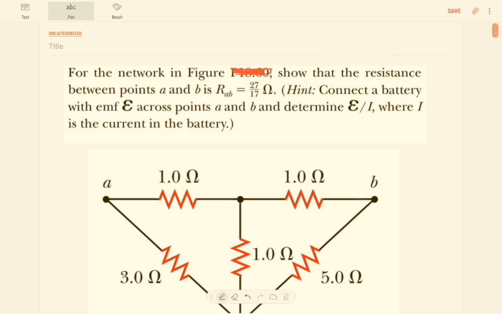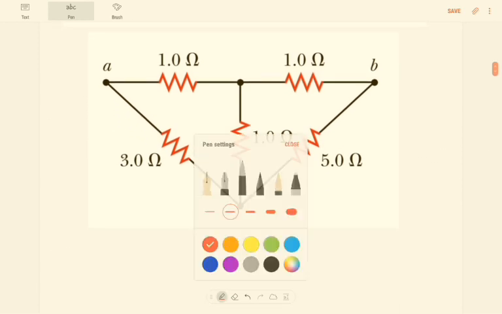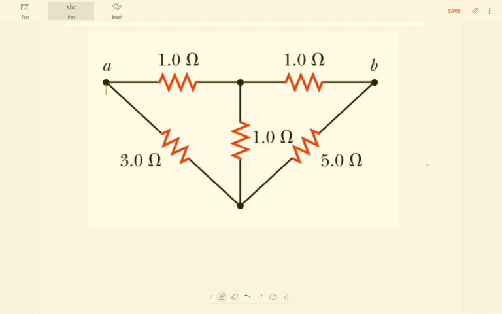So from this given information, now as the question says, we have a circuit here, and between point A and B there is an electromotive source. This electromotive source is connected to point B via the negative terminal.